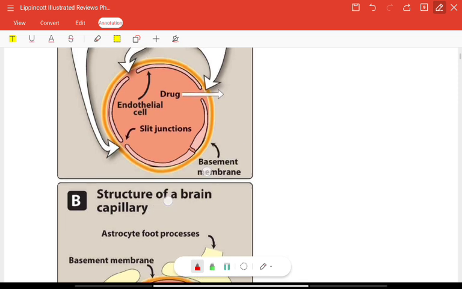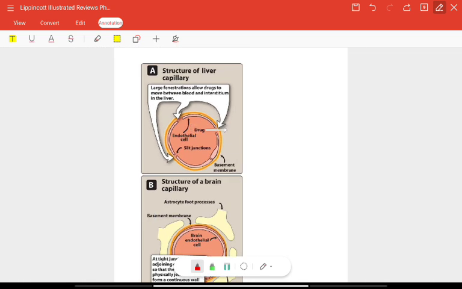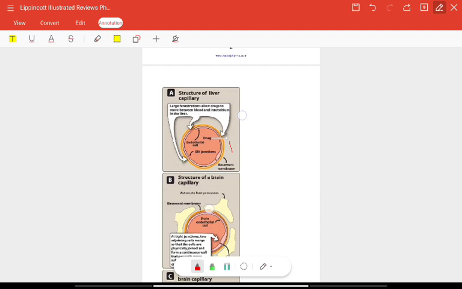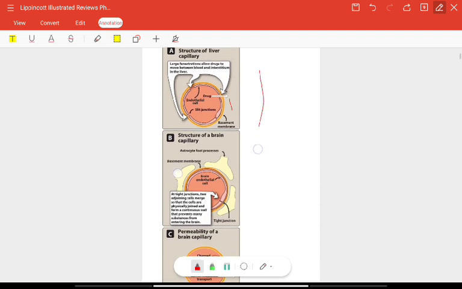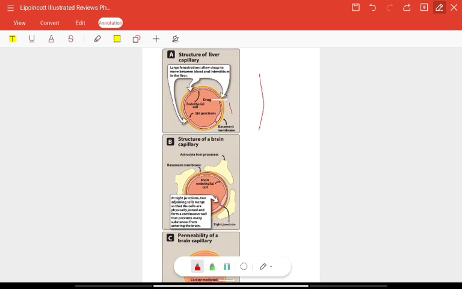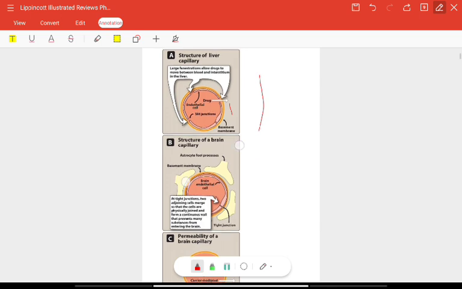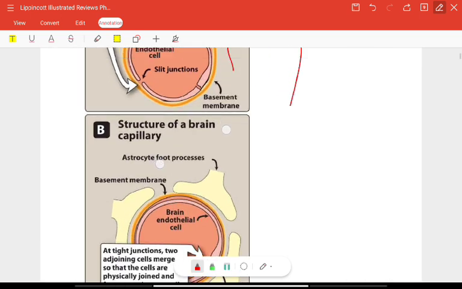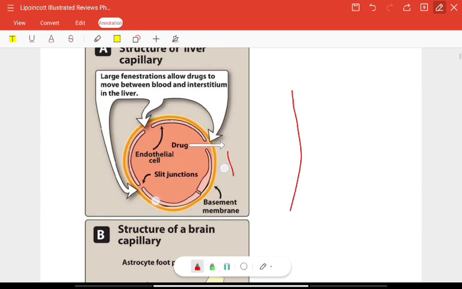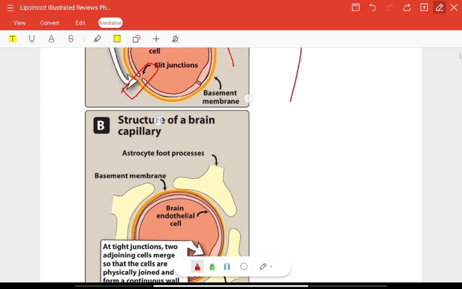Now let's have a look at this. This is the structure of the liver capillary and this is the structure of the brain capillary, and let's make it larger. Now you can see large fenestrations allow the drug to move between blood and interstitium. These are large areas to allow drug passage, drug distribution.